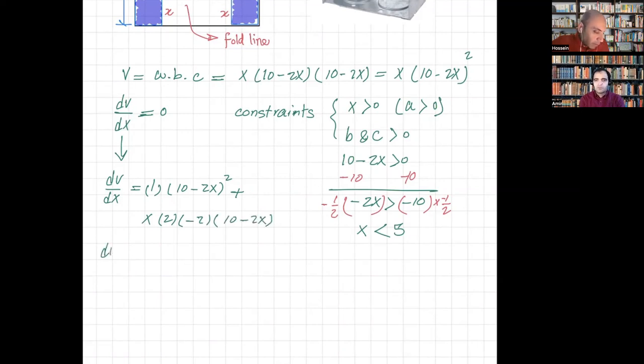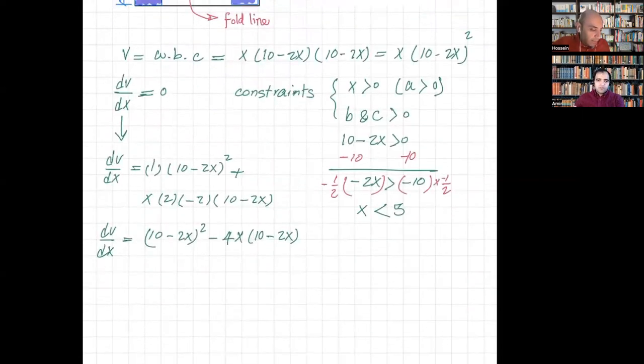Then if I simplify this equation, (10 minus 2x) squared minus 4x times (10 minus 2x).